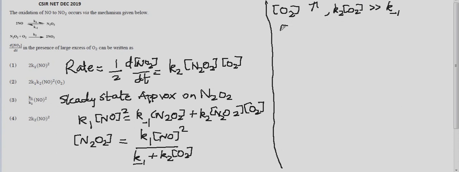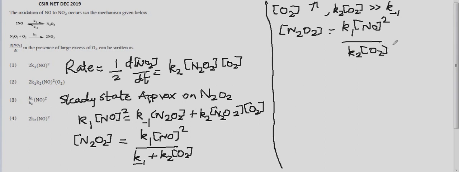Therefore the concentration of N2O2 is given by k1 [NO]squared divided by k2 [O2]. So we got the expression.